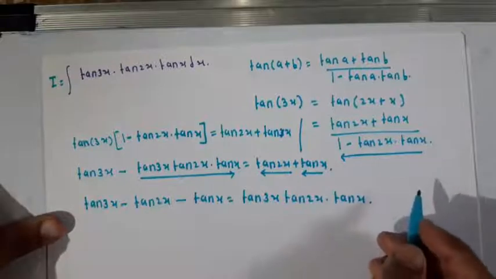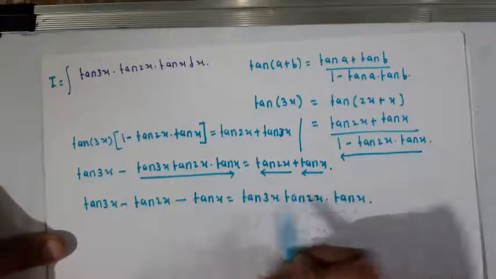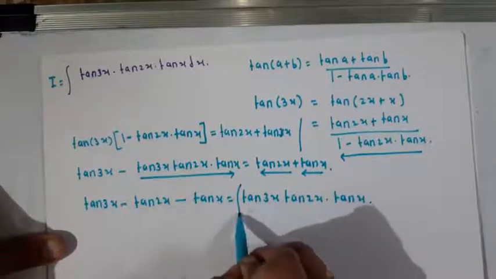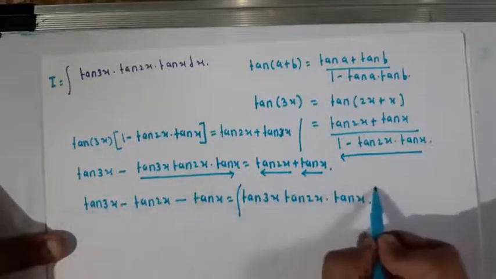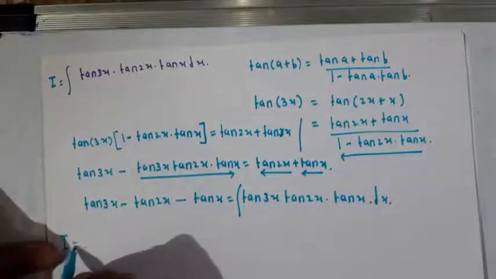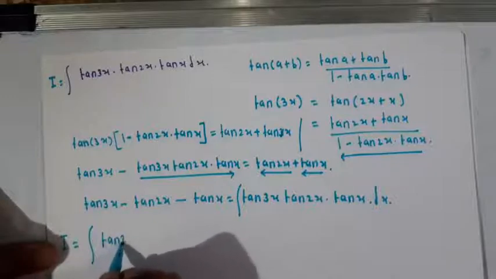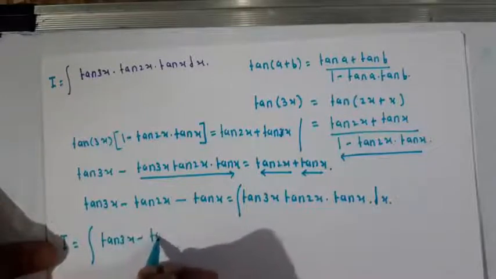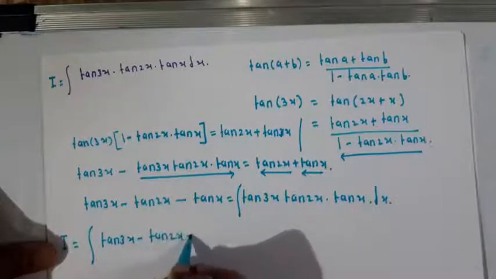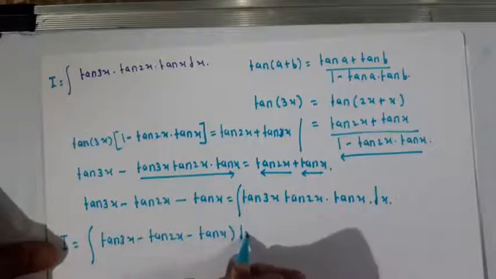Okay students, so integration of this term tan of 3x tan of 2x tan of x equal to integration of this. Hence our integration is I equal to integration of tan of 3x minus tan of 2x minus tan of x with respect to x.